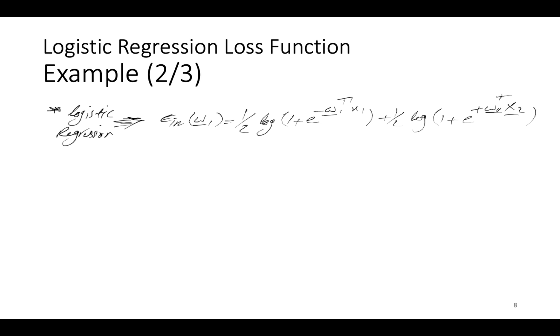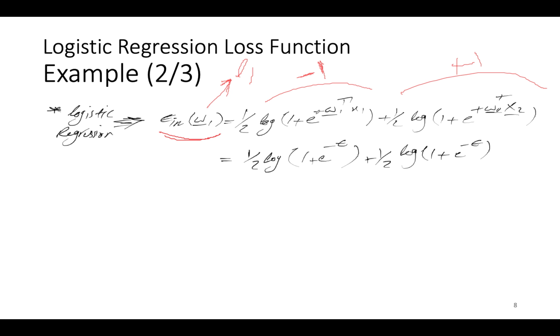So that was the formula that I just mentioned. We want to compute the in-sample error of W1, which corresponds to the L1 line. So we have 2 points, 1/2 log of 1 plus e to the minus W1 transpose x. That was for the case of the -1 class, and this is for the second class, right? That's why this is positive, this is negative.